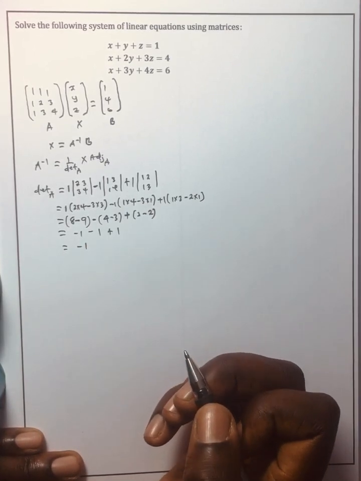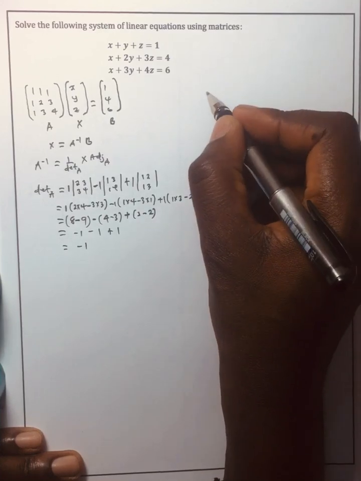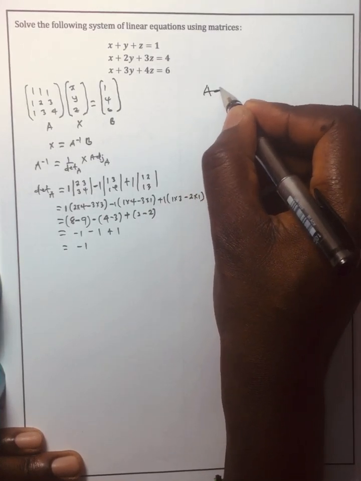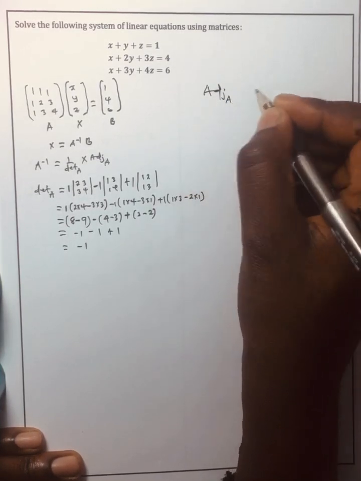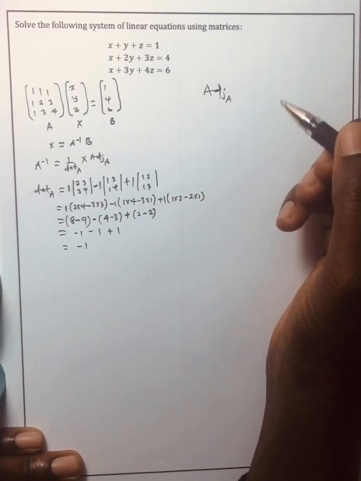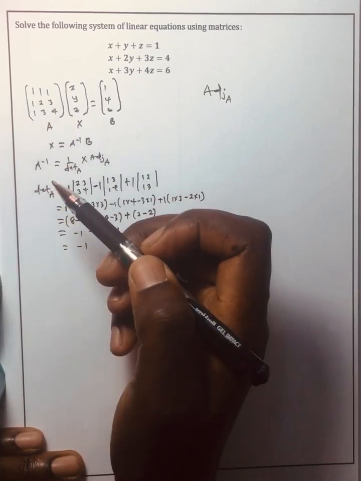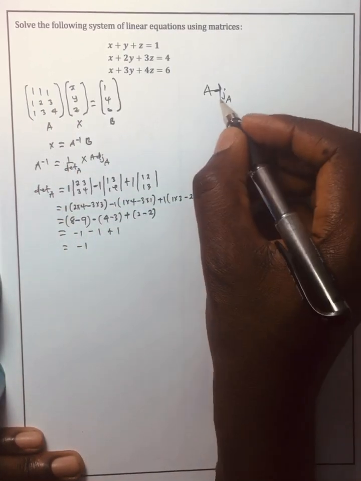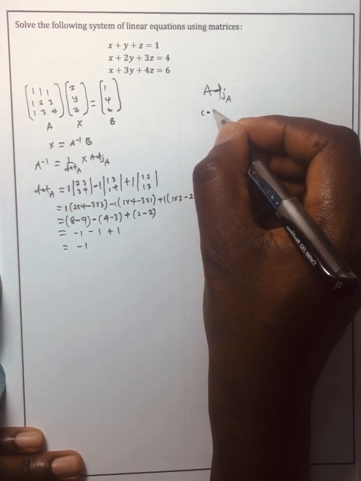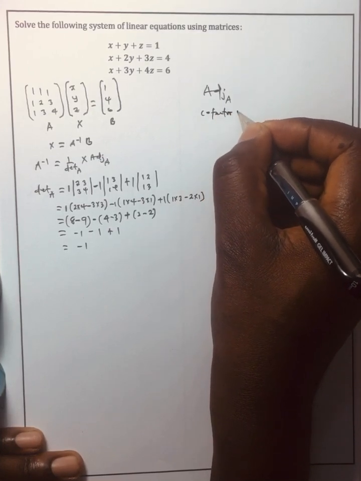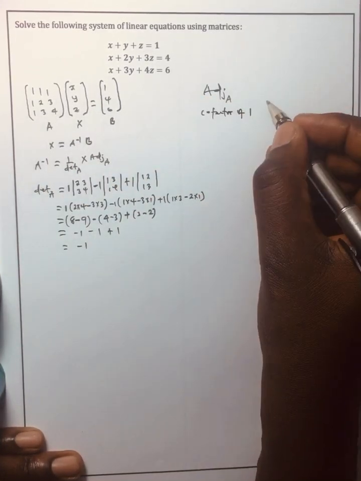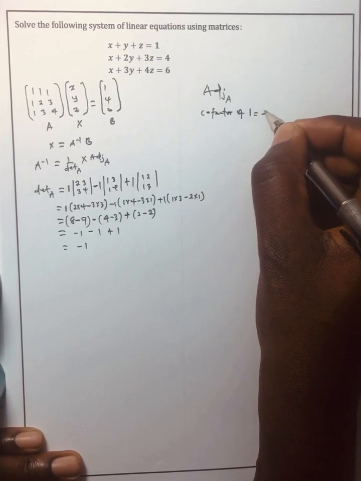And then let us look for the adjoint. So for the adjoint of A, we are going to look for the cofactors of all the entries in that particular matrix. So let us start with the cofactor of 1, the first one there. So that will be negative 1 raised to power.